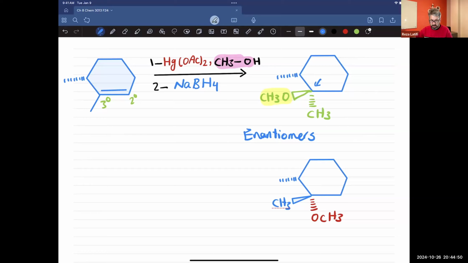This is going to be an S configuration, so this one will be R configuration, but remember that you do have a stereocenter there. Those two stereocenters that I highlighted, this stereocenter and that stereocenter, are enantiomers. But you do have two stereocenters, so it's better to call them diastereomers.